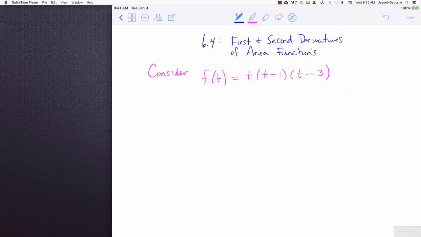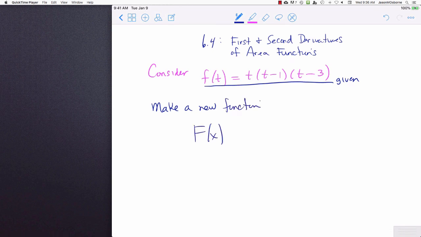Okay, so let's say that I've given you a function just out of the blue, a function f of t. And then I make a new function, capital F of x, which is the integral from 0 to x of f of t dt.